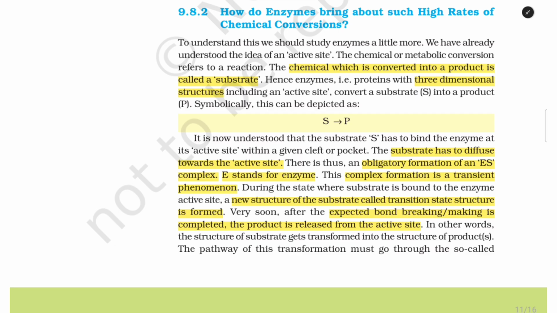During the state where substrate is bound to the enzyme active site, a new structure of the substrate called transition state structure is formed. Very soon after the expected bond breaking or making is completed, the product is released from the active site. In other words, the structure of substrate gets transformed into the structure of product or products.